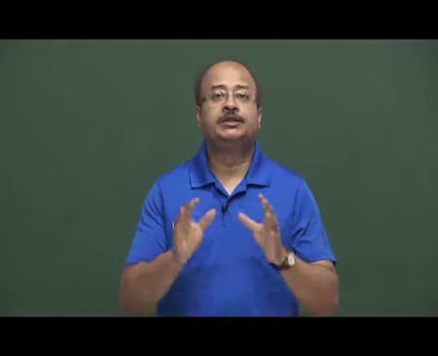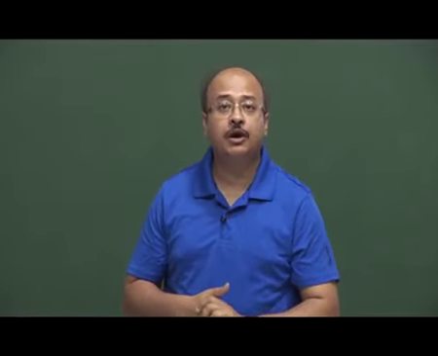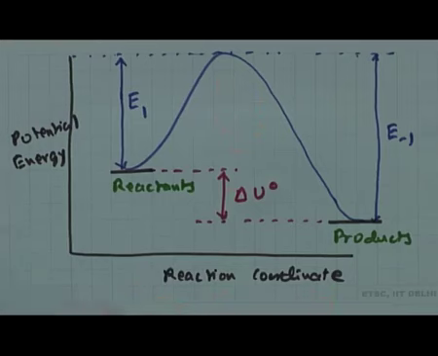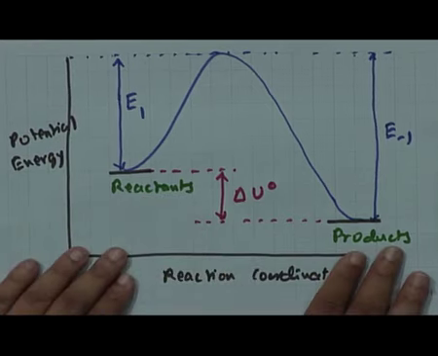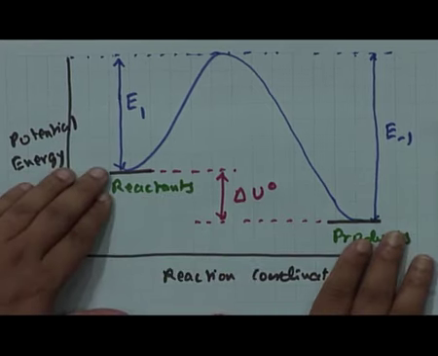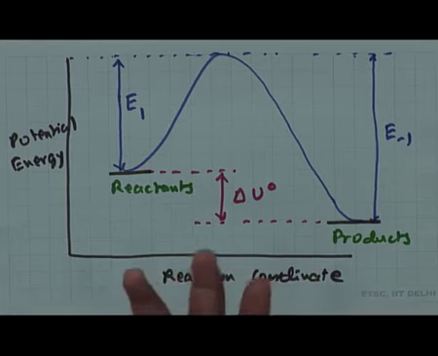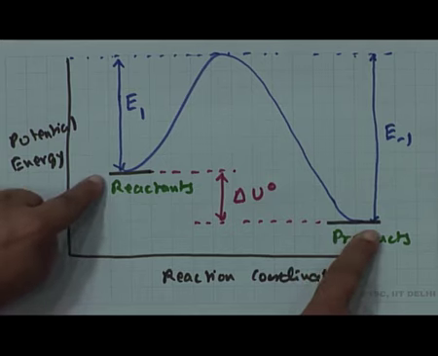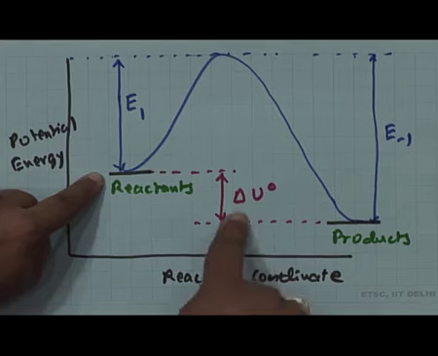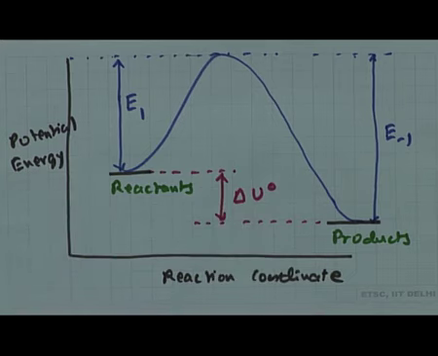What is the general form of this plot, what does it say? You have reactants and you have products, so the relative energy levels will depend upon what type of reaction you are looking at. The difference between the potential energy of the reactant and that of the product is equal to your change in internal energy, the standard internal energy.